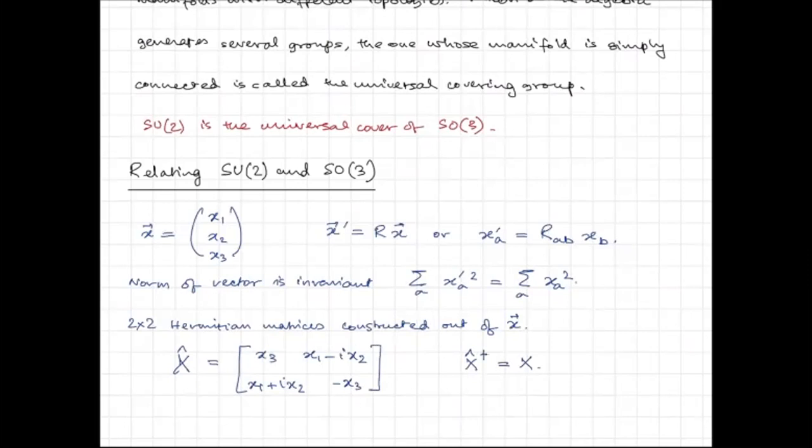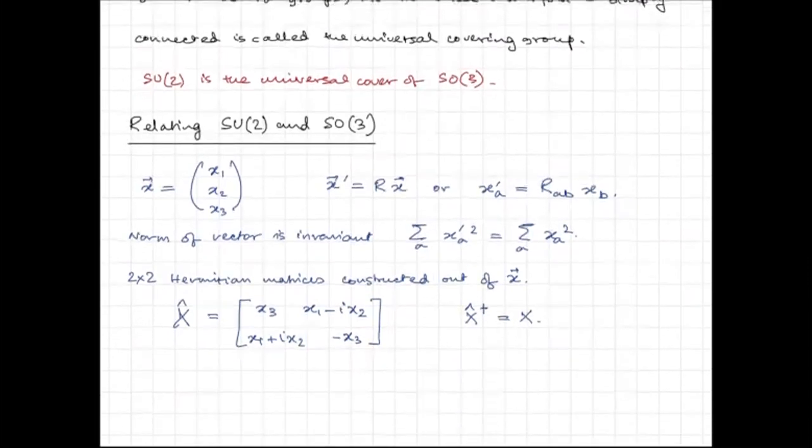So there is a map between the vectors x and these 2 by 2 Hermitian matrices X cap. Now the distance between the origin and X cap is given by the norm, the xa squared.